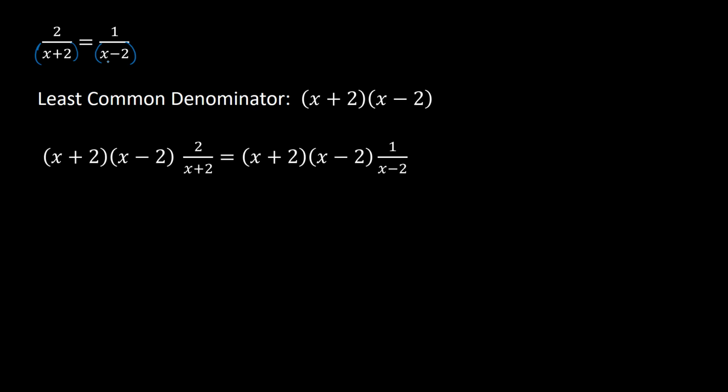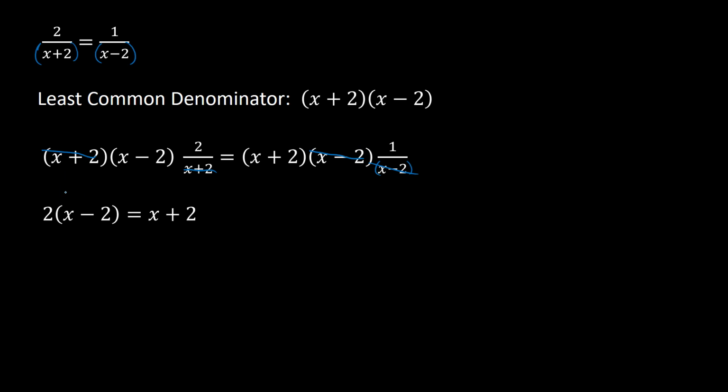So we multiply everything by x plus 2 times x minus 2, and that's what we see right here. So when I do that for the first part, x plus 2 would cancel with x plus 2, so now I have 2 times x minus 2. Over here, the x minus 2 would cancel with x minus 2 down here. So I now have x plus 2 times 1 on the right side. So I now have 2 times x minus 2 equals x plus 2 times 1, or just x plus 2.